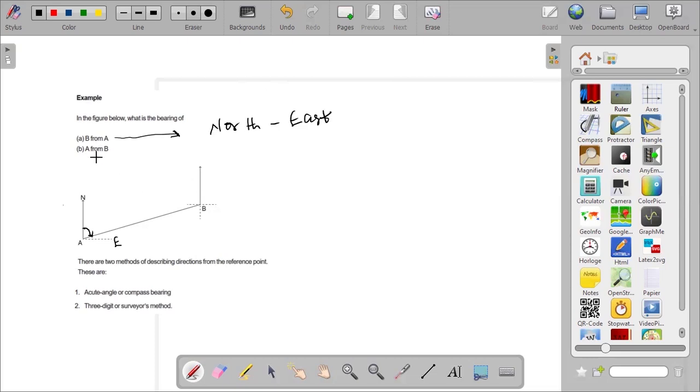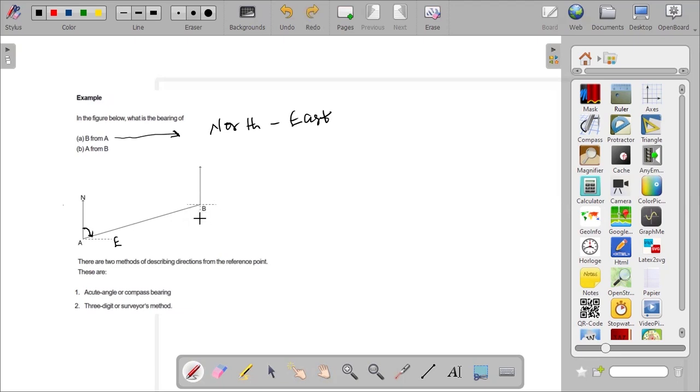While the bearing of A from B, meaning B is the reference, A from B starts all the way to this point. If you are to give the value of the angle, we are going to measure the whole of this angle. But we don't know the angle, so we just give the value in terms of direction only.